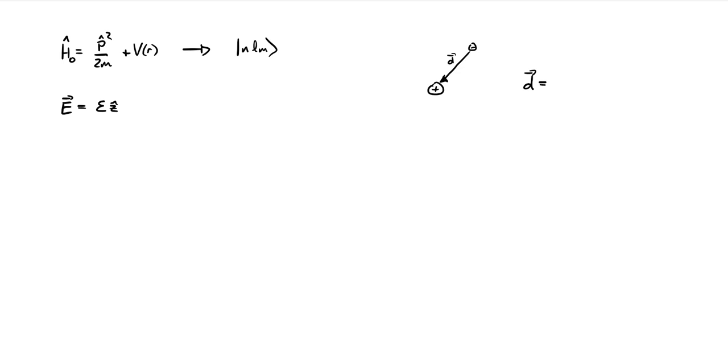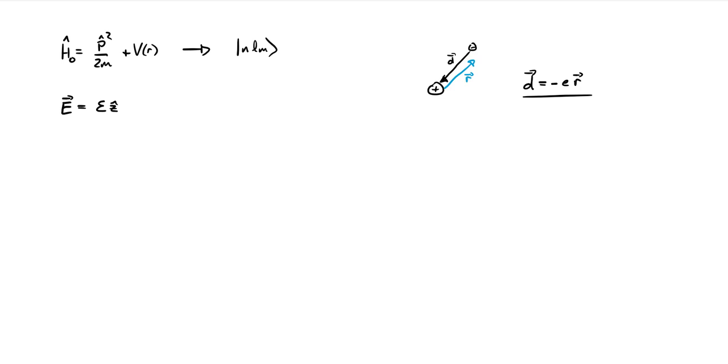So it's going to be, like I said, the charge times the relative position of the electron and the nucleus. But r goes from the nucleus to the electron, so the dipole is going to be the negative of that.